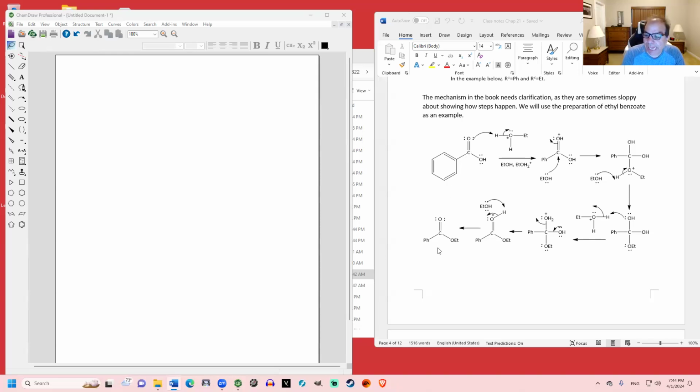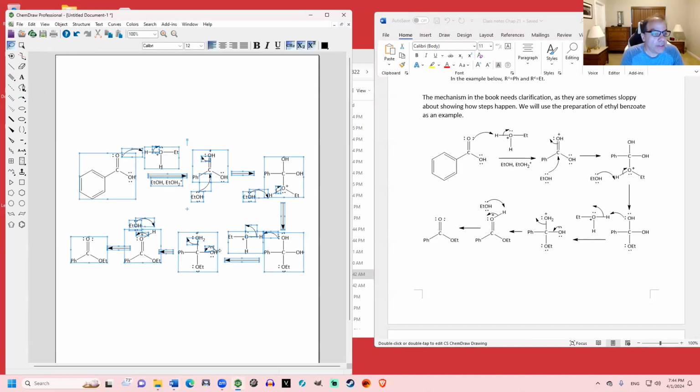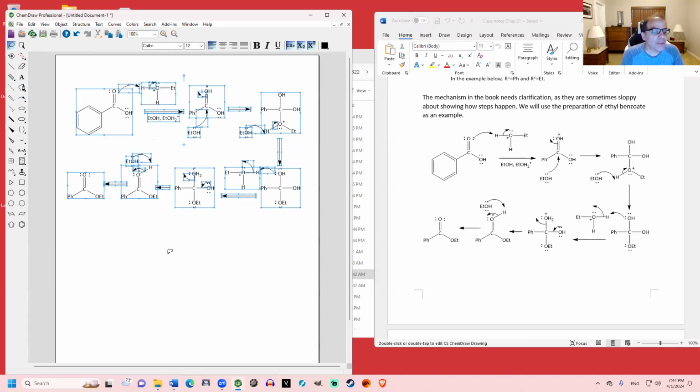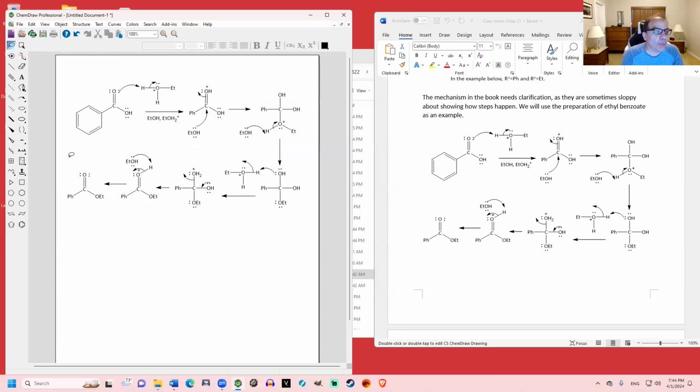You need to be prepared to be given any carboxylic acid and any alcohol with an acid catalyst. So if you look at that document on Canvas called Learning and Knowing Organic Reactions, it takes you through this process step by step.